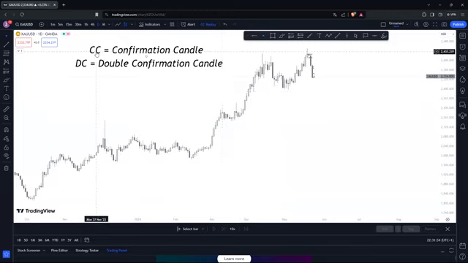Okay, so CC is simply a candlestick that confirms that your level can give either a sharp entry, a sharp reaction, or basically means that the level is still valid. It does not mean it is fresh, because actually the CC makes your level unfresh.